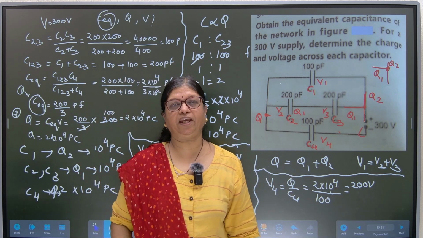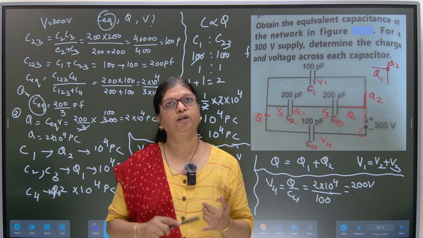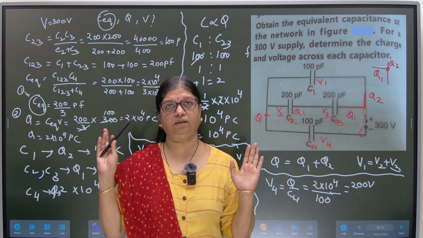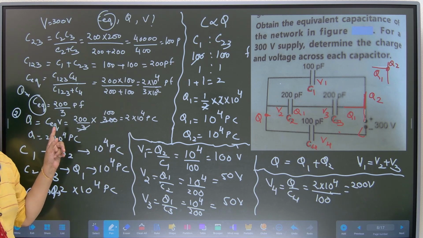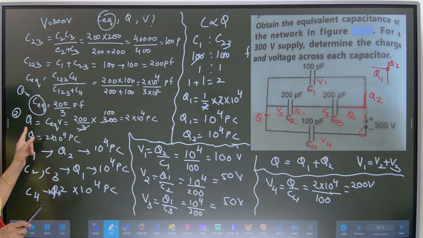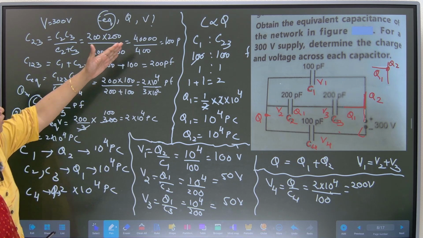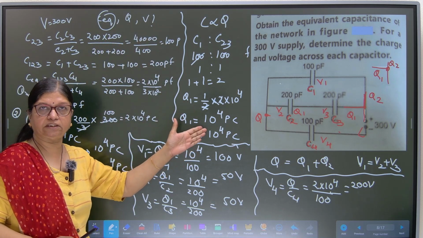Fine. So in this way, whenever there are parallel and series combination, use the easier method. What is the step 1? Find out equivalent capacitance. Step 2, find out total charge. Use ratio method to find out the charge distribution.